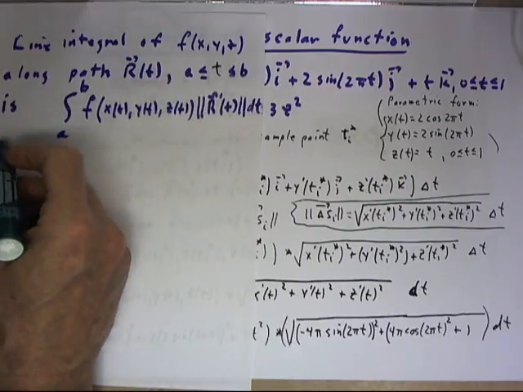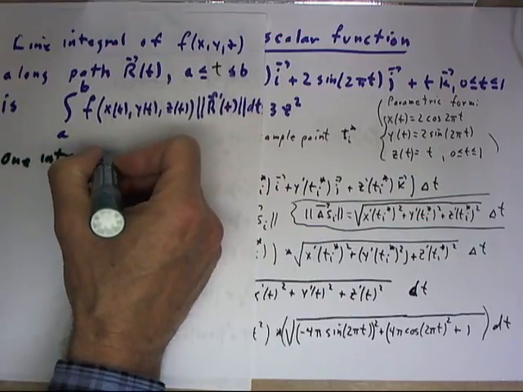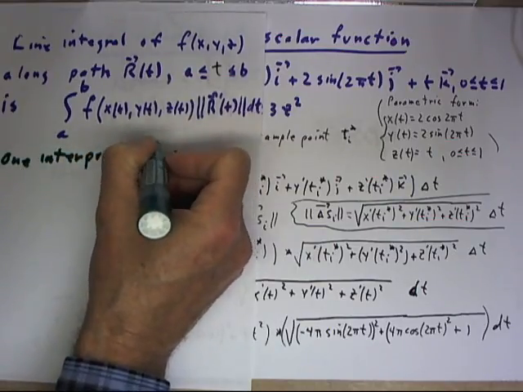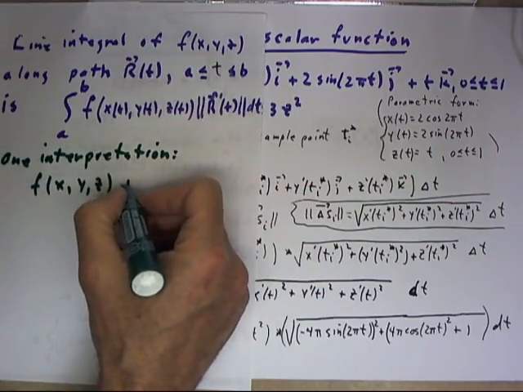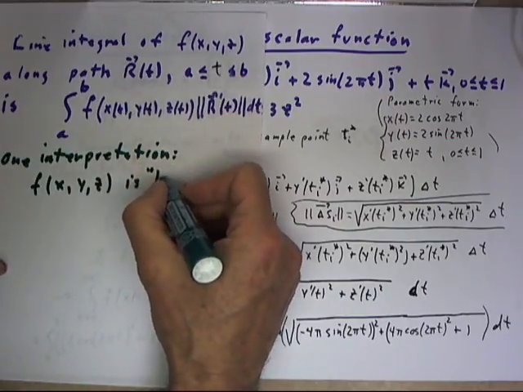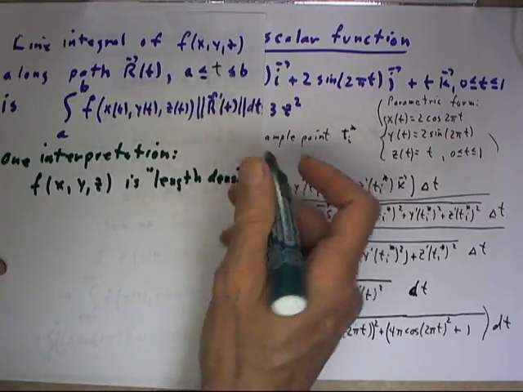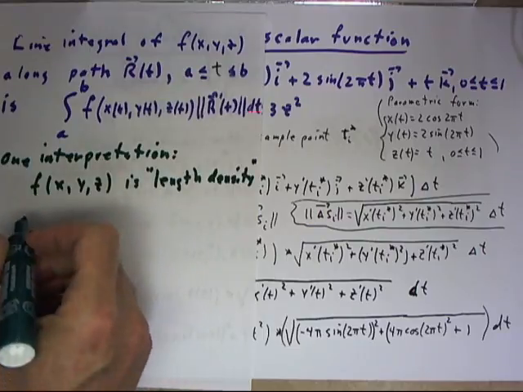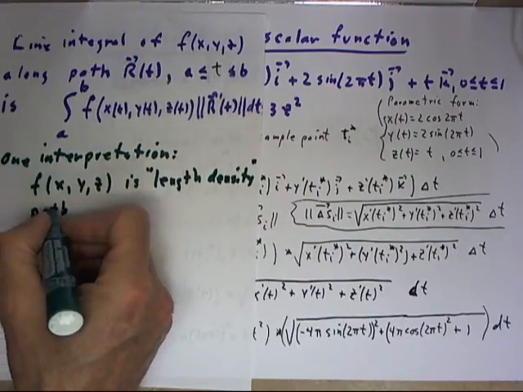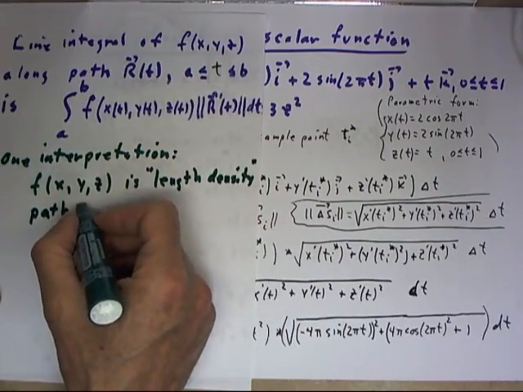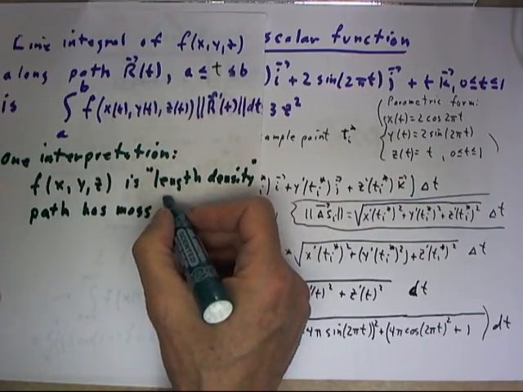One interpretation of this sort of integral: if f of x, y, z is length density, meaning mass per unit length, then the path has mass, which is the integral.